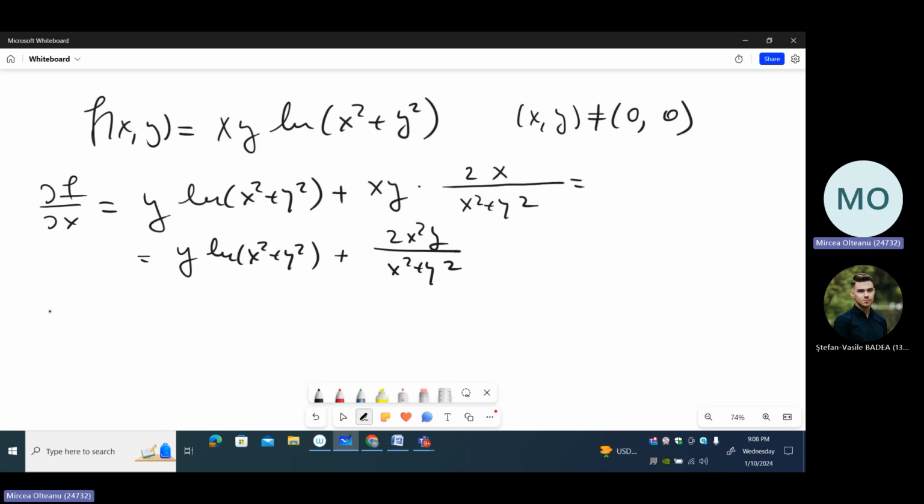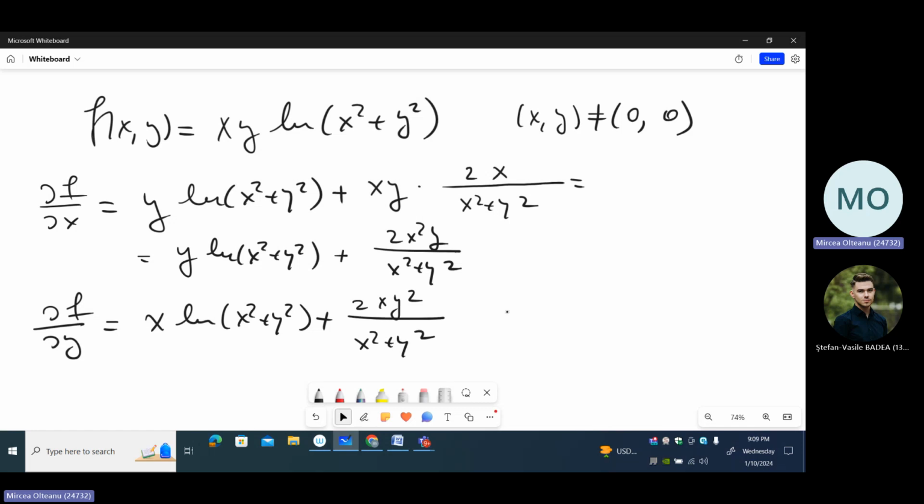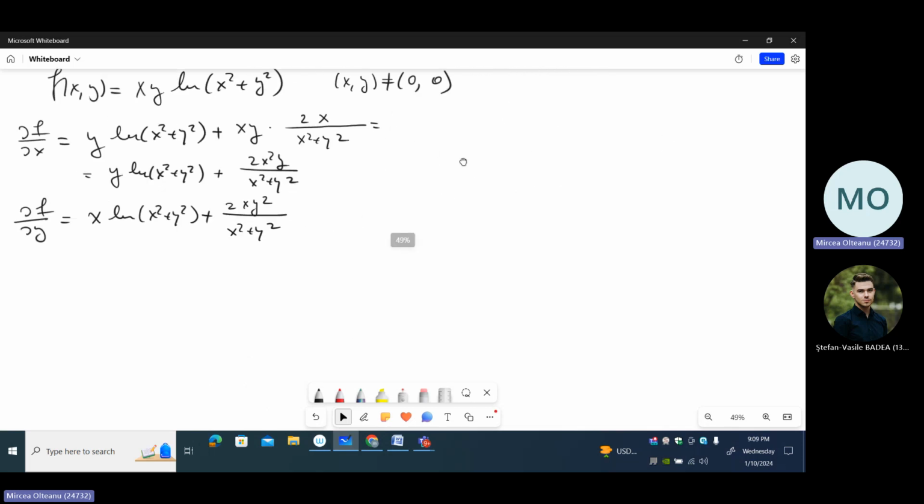Okay. Similarly, by symmetry, we can write directly, because the function is somehow symmetric between x and y. And here we shall get plus 2x y squared, and below we have x squared plus y squared. Now let's see if we can compute the critical points.